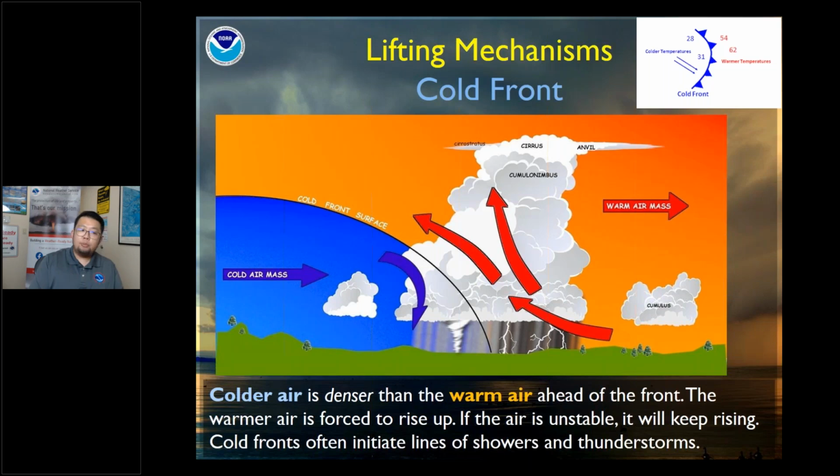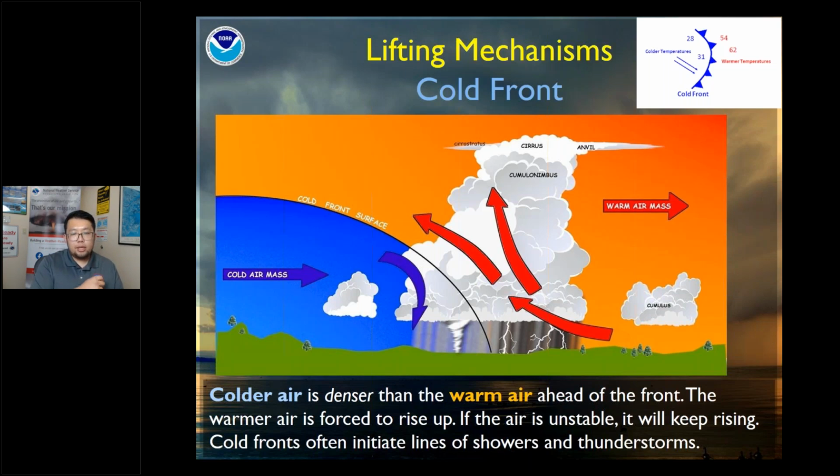In the atmosphere it's a little bit different than just a bottle cap, but essentially those lifting mechanisms are fronts. That's why the meteorologists on TV keep on always talking about fronts, cold fronts, warm fronts. All those different types of fronts are very key because they allow us to use that lift, to use all that instability to make all these thunderstorms. Again, cold air is denser than warm air, so this is a cold front.